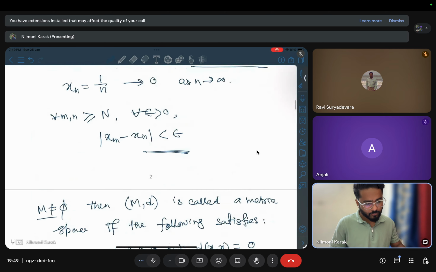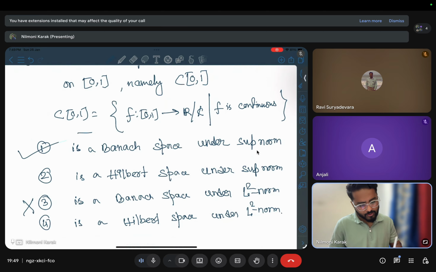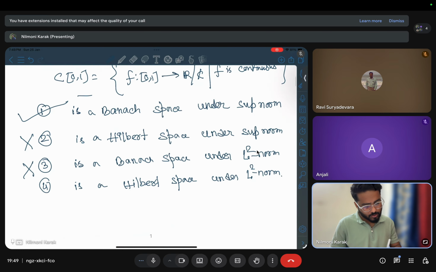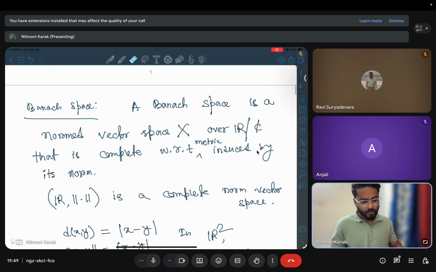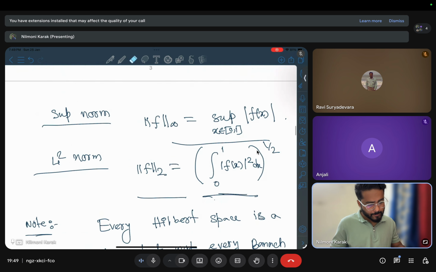Okay. So this is a Banach space, not a Hilbert space. So this is the only correct option, and the remaining you can check.